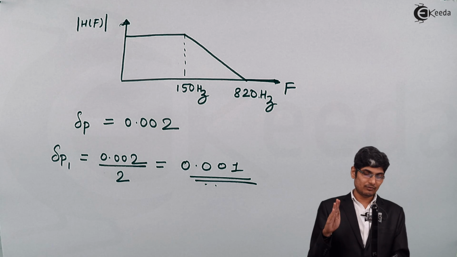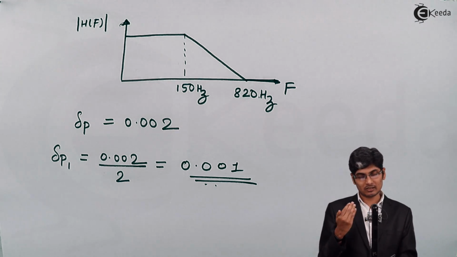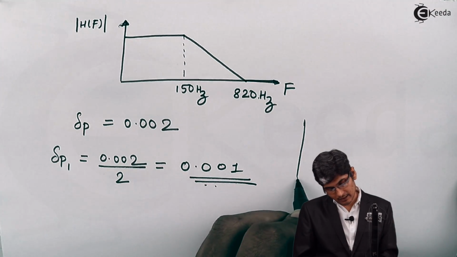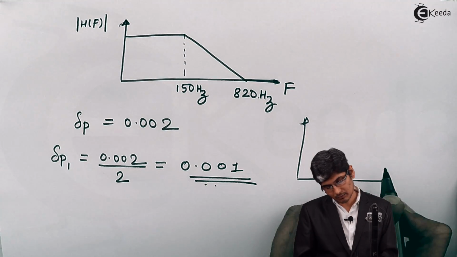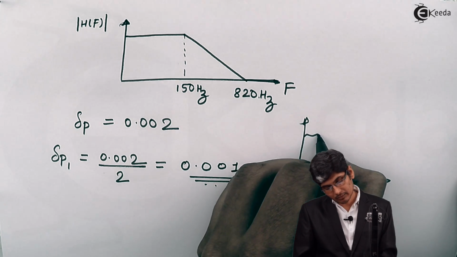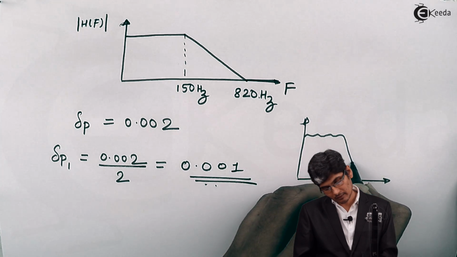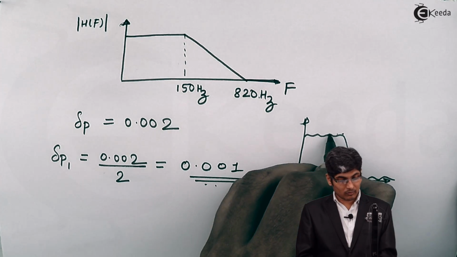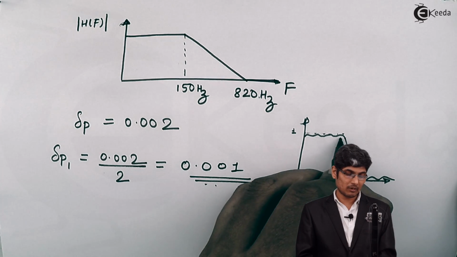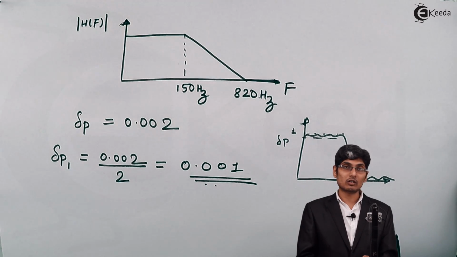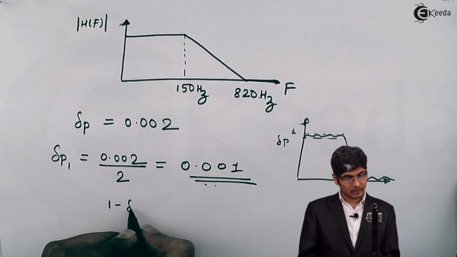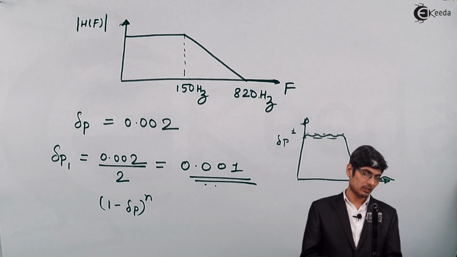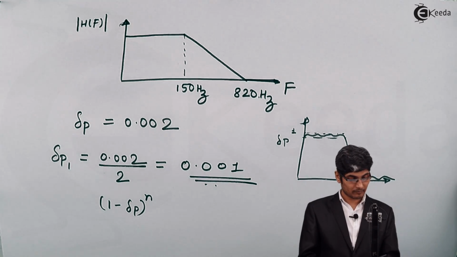It's like a binomial expression. What I mean to say is, just a technical information: if I have these passband ripples like this, and these are my stopband ripples, the maxima requirement is 1, let's say, and the minima requirement is 1 minus delta P. So it is like 1 minus delta P the whole raised to n, and n will be the number of stages.